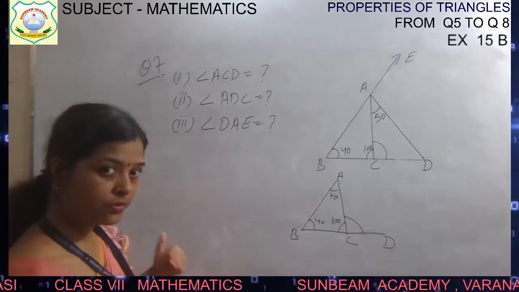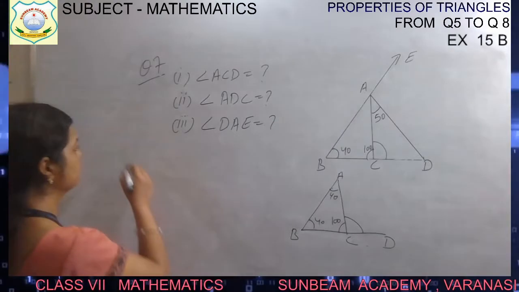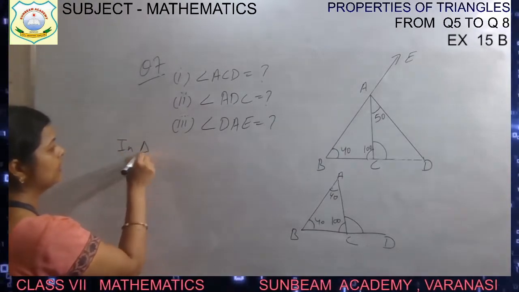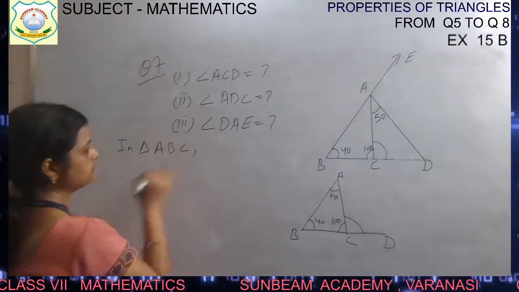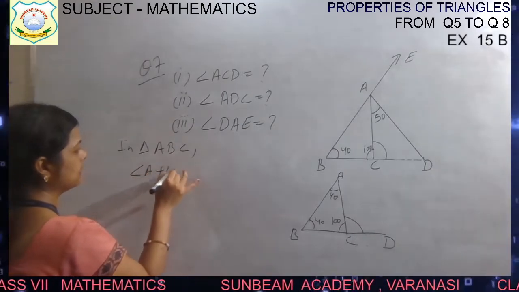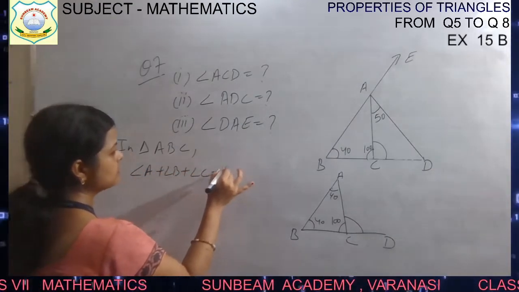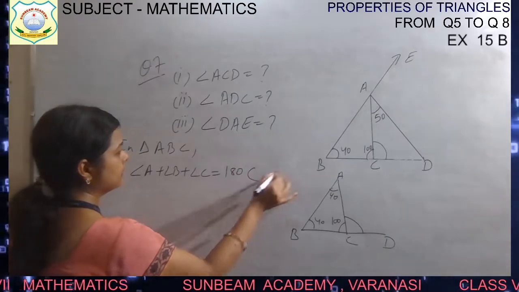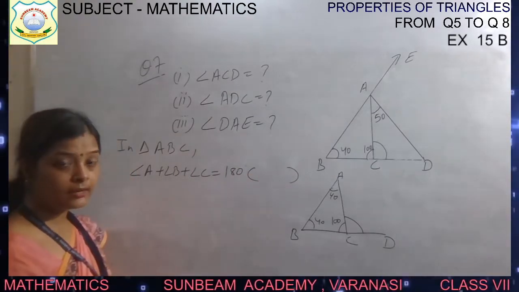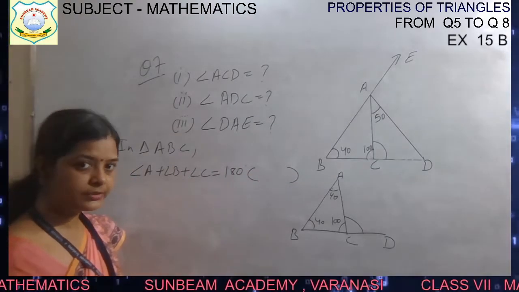Now we are going to write it step by step. So in triangle ABC, angle A plus angle B plus angle C is equal to 180 degree. यहाँ पे reason लिखिए using angle sum property of triangle.